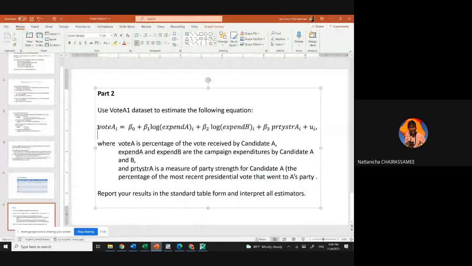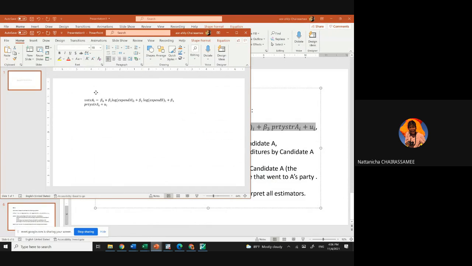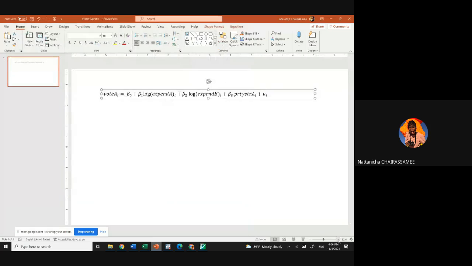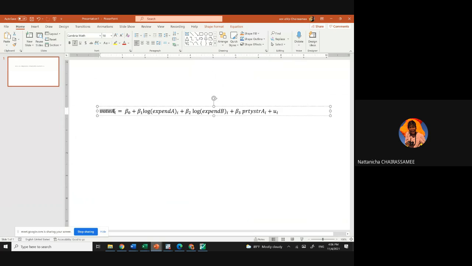Let me type it in. So your dependent variable here will be wage, and you know that wage is in dollar terms, right? And then your first independent variable will be education. The second one will be black.